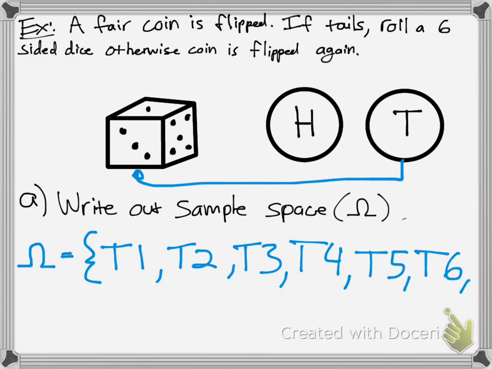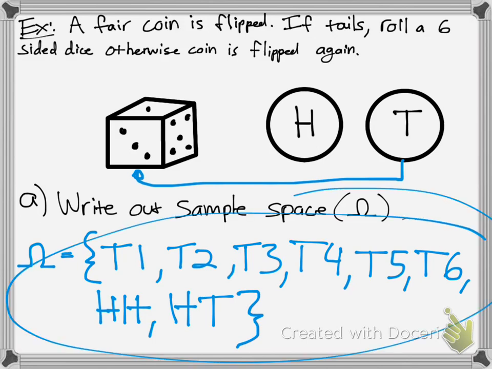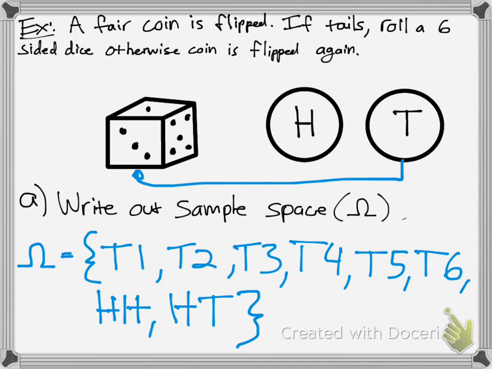But I could also flip heads and heads, or heads and then tails. So we have to consider those outcomes. That's the sample space, just saying what the possible outcomes are. Notice there are 8 total outcomes.